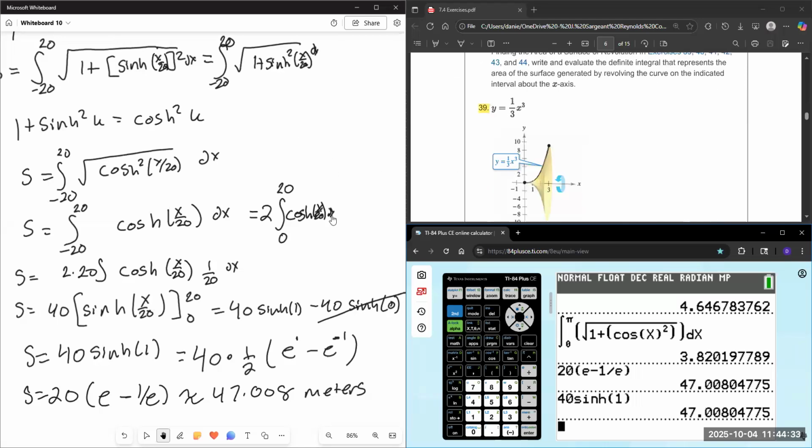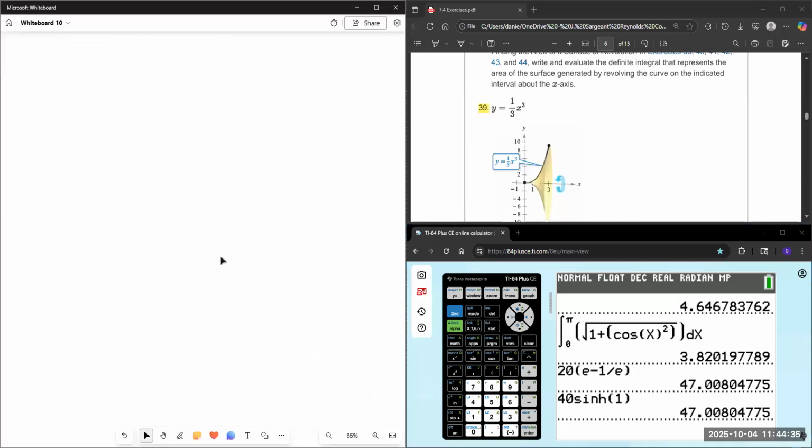All right, let's look at number 39. And we start to do surface area of solids of revolution here.